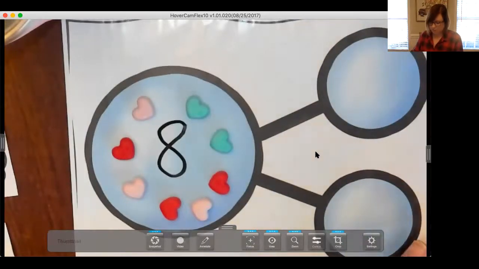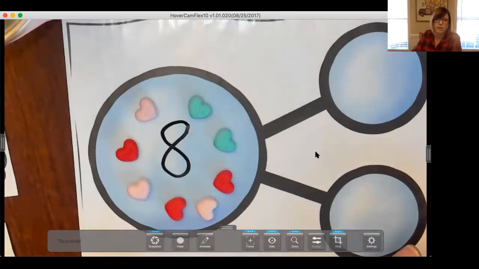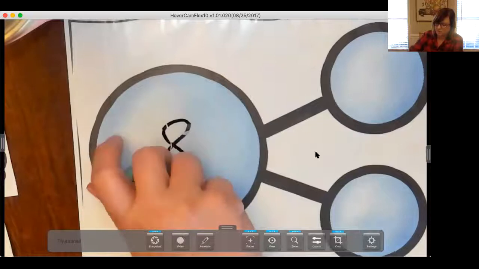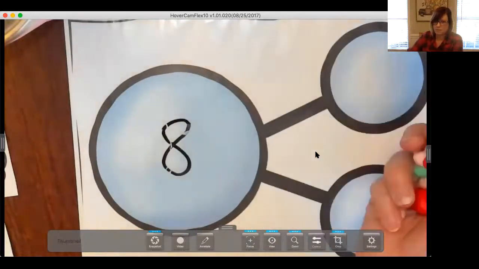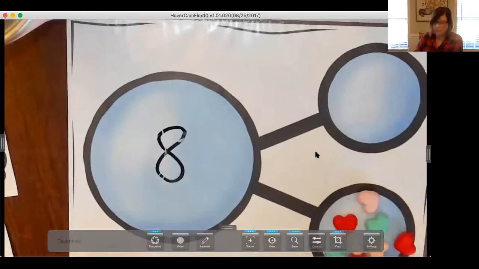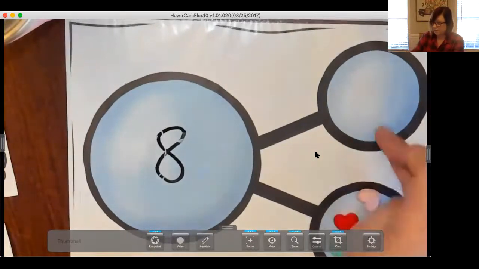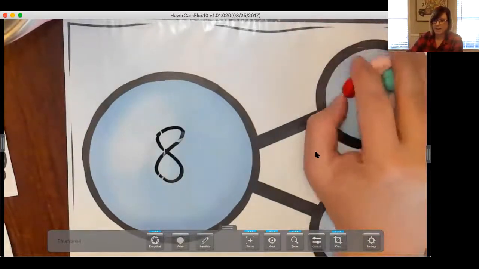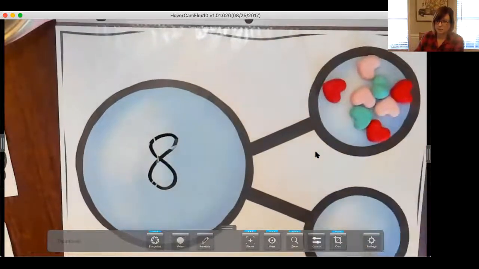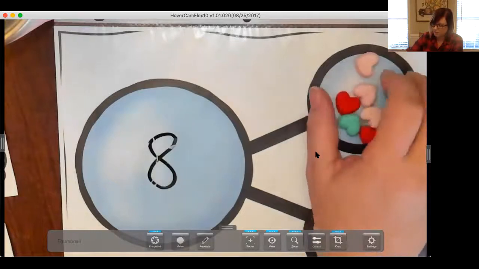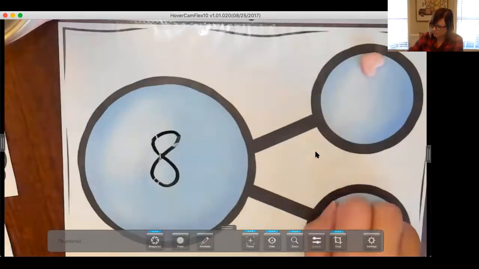Okay, so let's think about the different ways we can do it. We can always start with our 0, right? So if we have 0 up here, we know all 8 are going to go down here, right? Yes, okay. 0 plus 8 equals 8. And it's the same thing as saying 8 plus 0 is equal to 8. All right, let's move up to 1. Let's leave 1 heart there and move all the other ones down here.